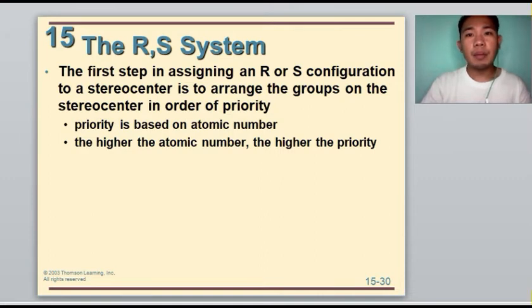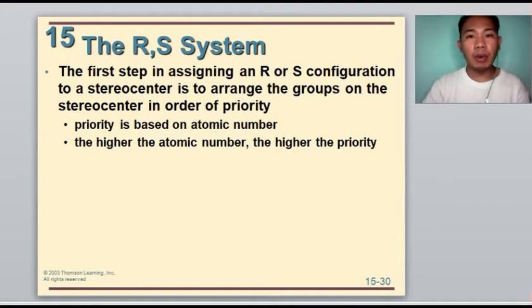The first step in assigning an R or S configuration to a stereocenter is to arrange the groups bonded to it in order of priority. The priority is based on the atomic number. The higher the atomic number, the higher the priority.